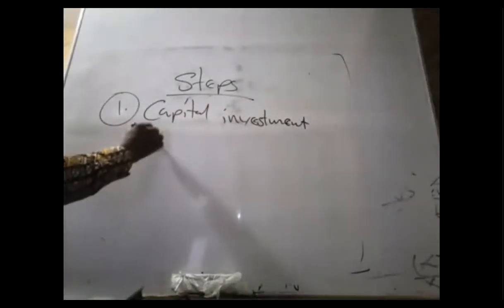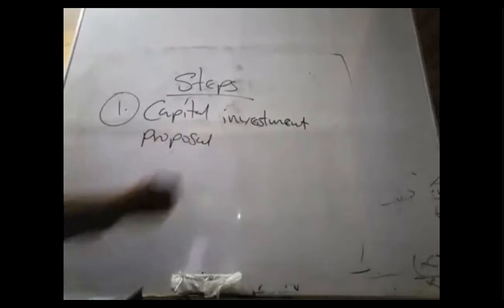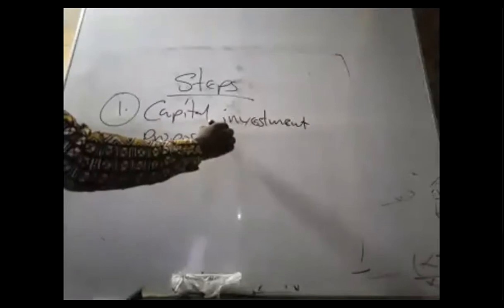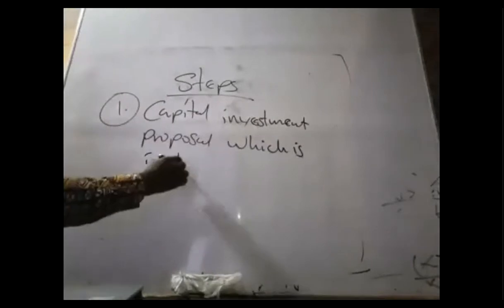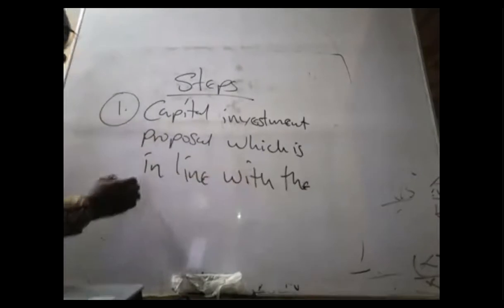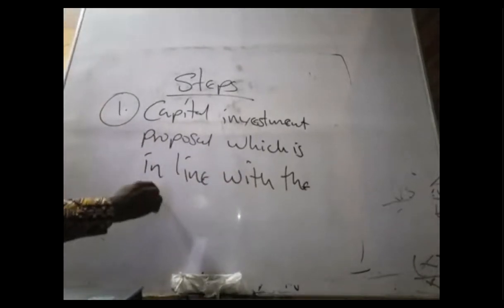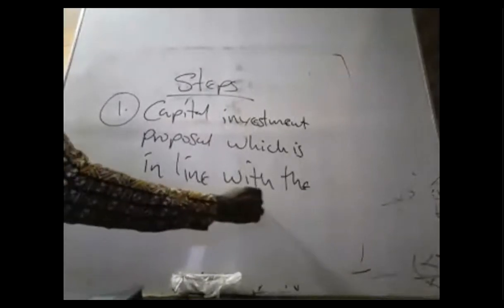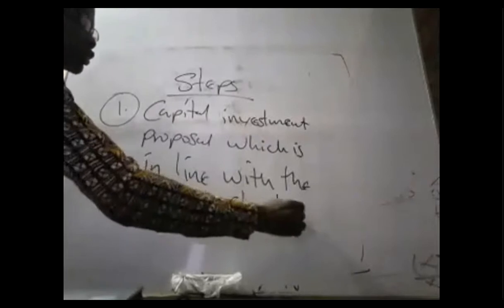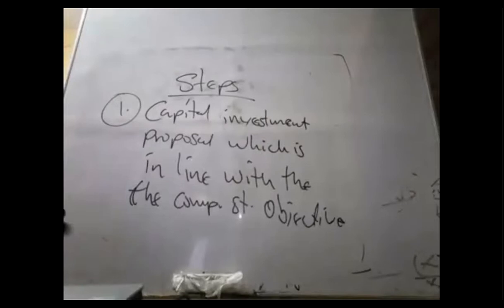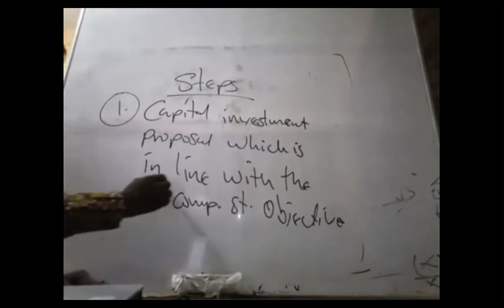That's the first step, but make sure that it's in line with the company's objective, with the company's strategic objective, like it's formed within the target of the organization. Take notes, no shortcut items.